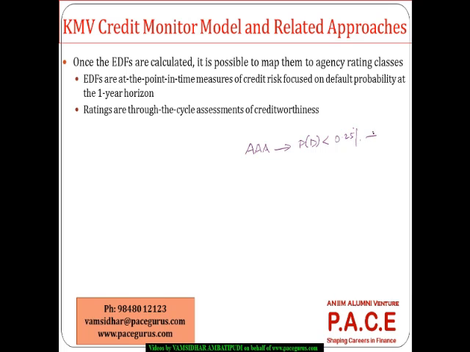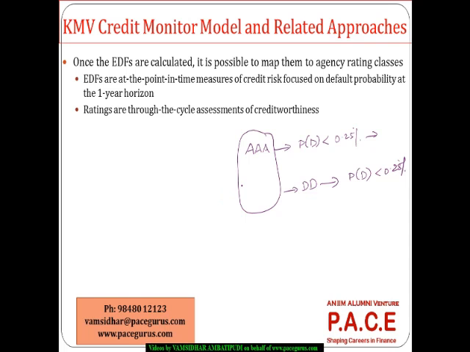So I can look at all the AAA companies. What is the distance to default for them? And based on that, I can very well say that the probability of default for them is less than 0.25%. Some such kind of a mapping can very well be done in the real world.